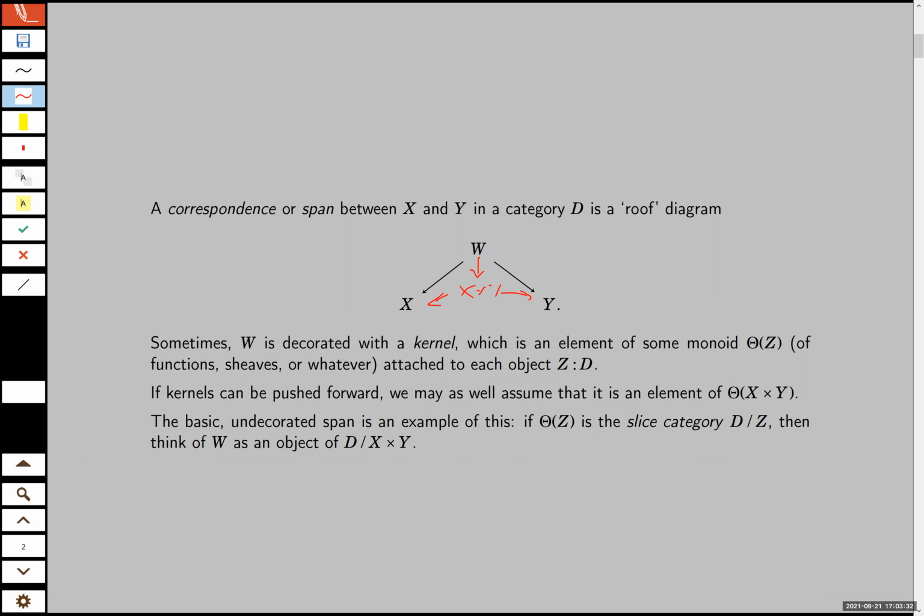That's often the situation, and we just think about correspondences between X and Y to be an object on the product.